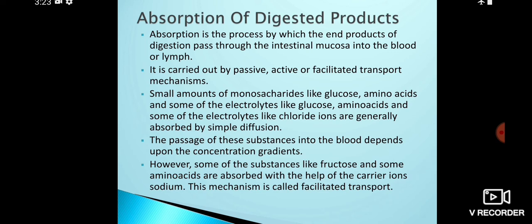Then if you take the example of the food substances which are being absorbed, it takes place in two methods. You all know that the intestine is completely made up of villi.